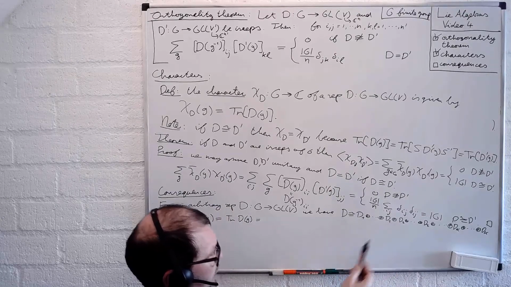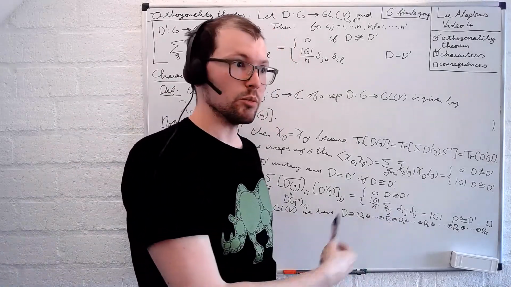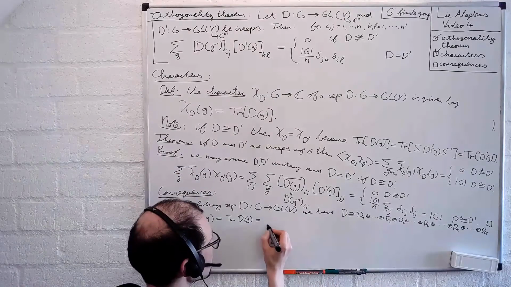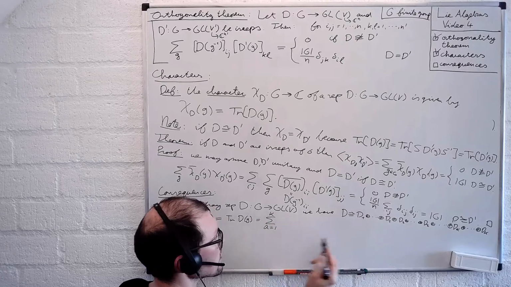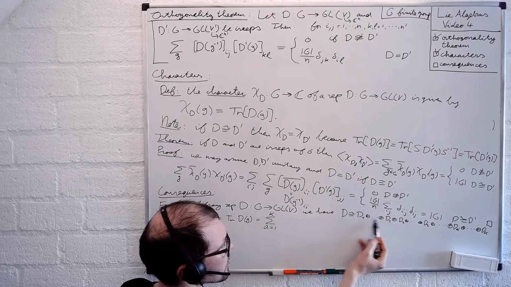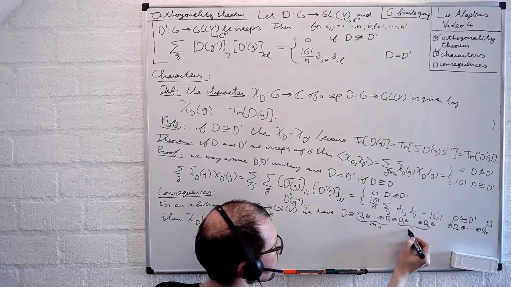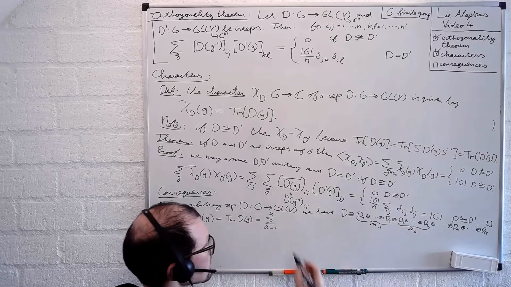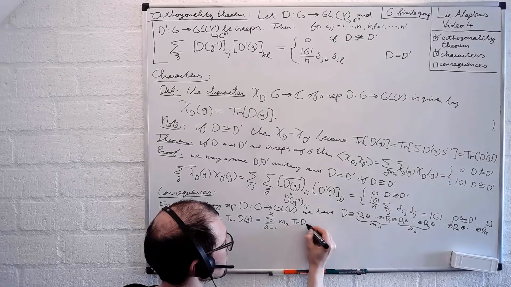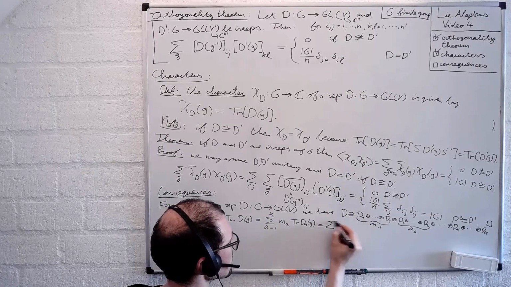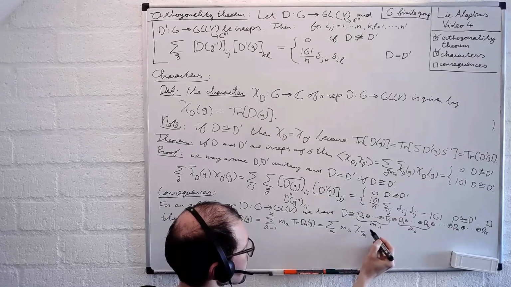But whenever I have a block diagonal form and I want to compute the trace, well, it's just taking the sum of the traces of the blocks. So this is really the sum over A equals 1 to k, and then each block occurs, so let's say it occurs m_A times, so I get m_A times the trace of D_A(g). So this is really the sum over A, m_A times the character of this representation.